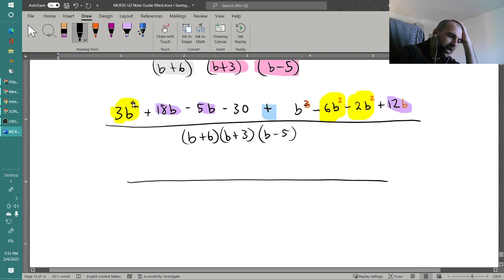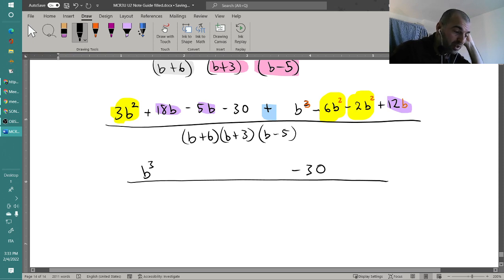So now moving down, most people would write the b to the third first and the negative 30 last, okay? Then I write my b squareds, so 6, 8, negative 6 minus 2 is negative 8.